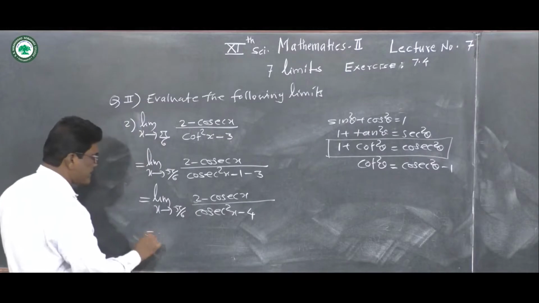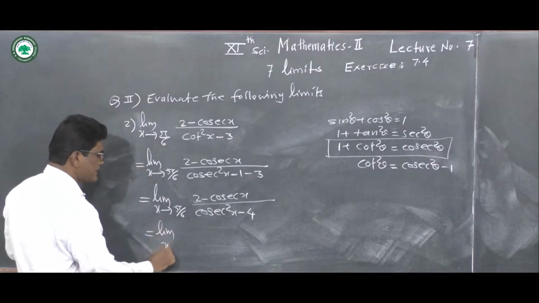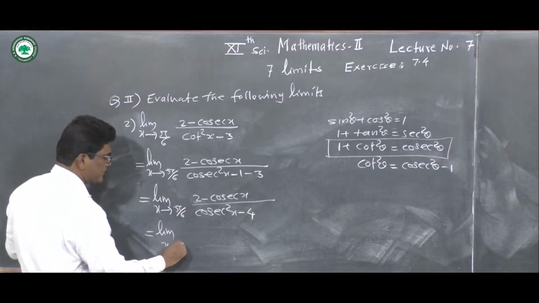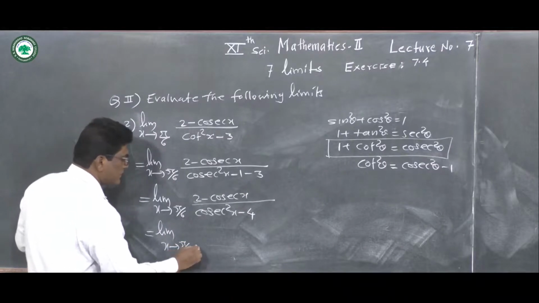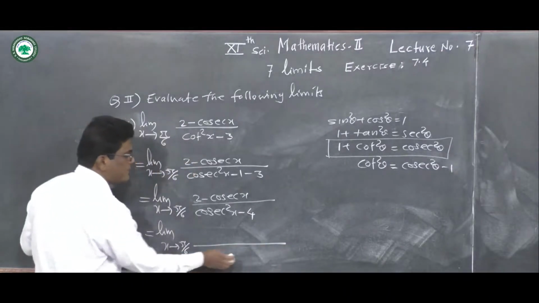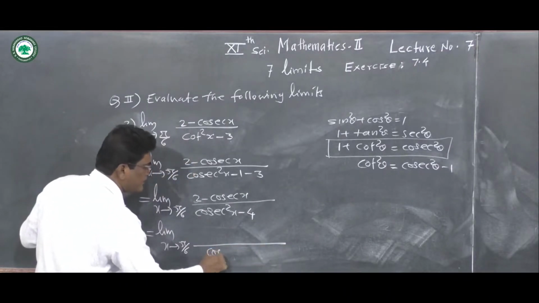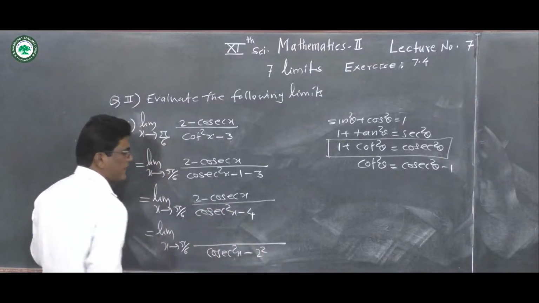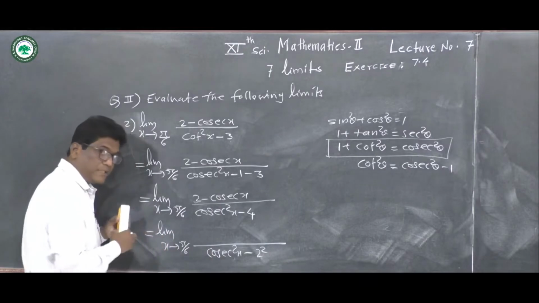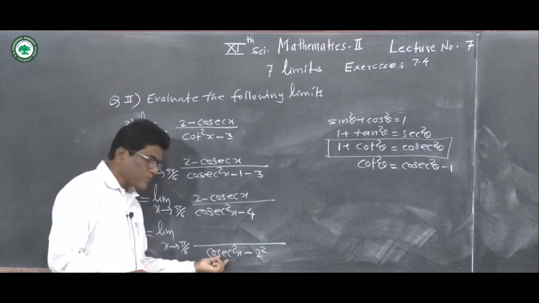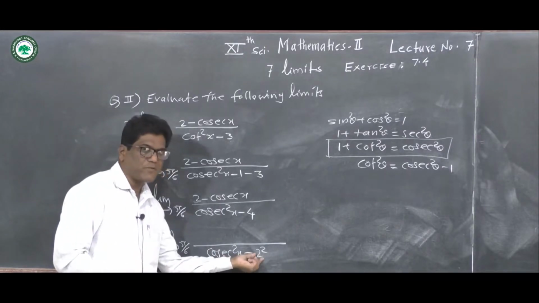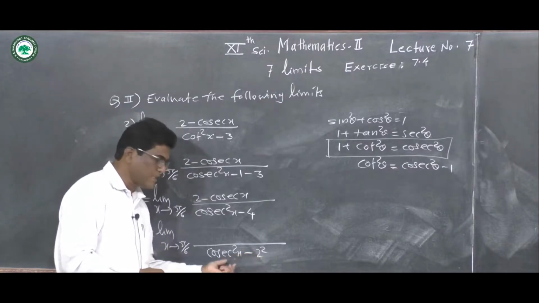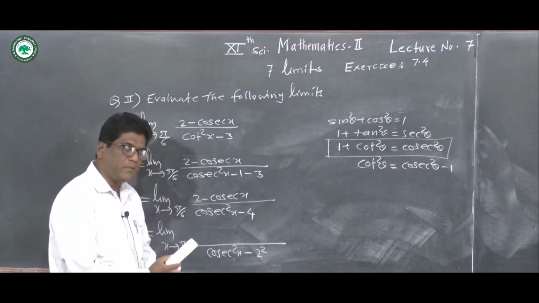Okay, so we write this as limit as x tends to pi by 6. Here in the denominator it is cosec square x minus 4, which is 2 square. So we can factor this using the formula a square minus b square: in one bracket a minus b, in another bracket a plus b.